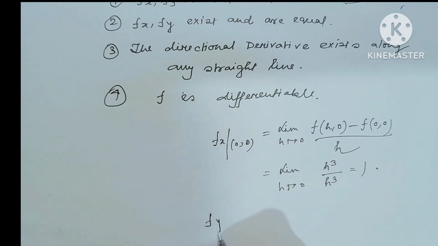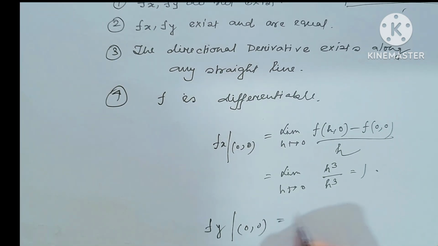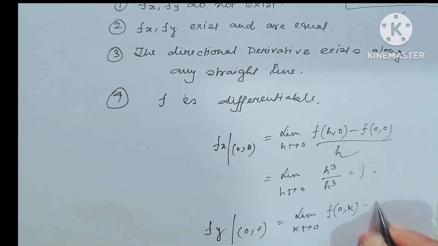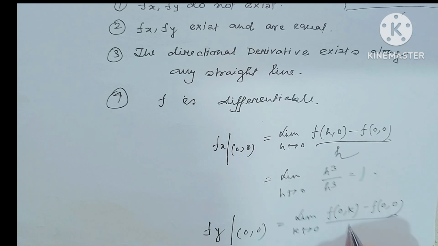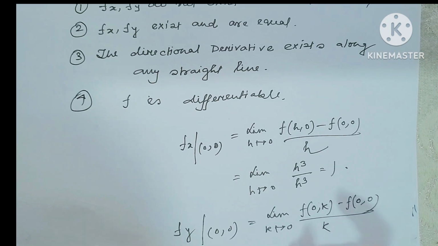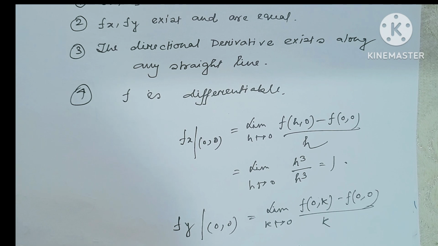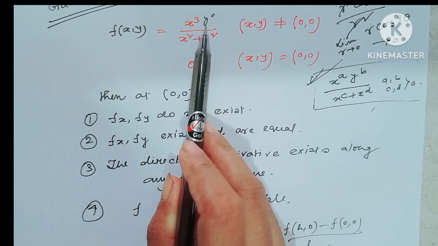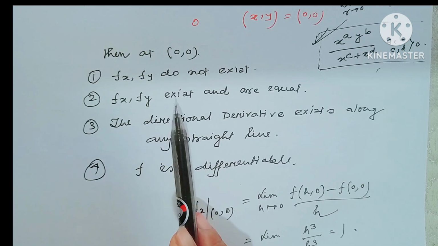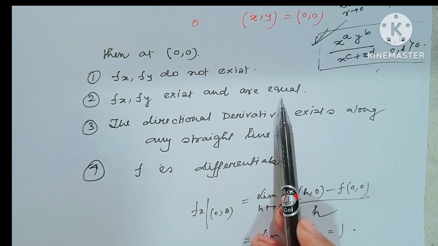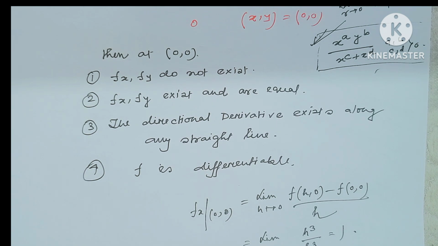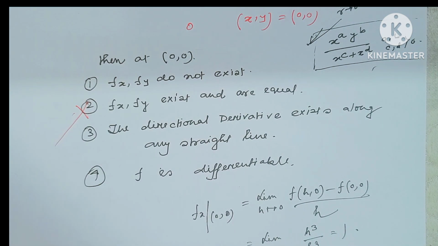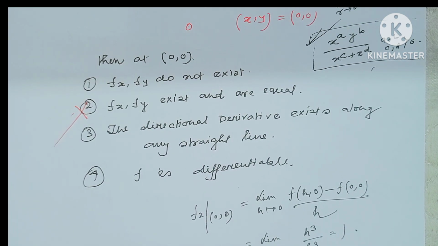And the partial derivative with respect to y at the point (0, 0) is the limit as k goes to 0 of f(0, k) minus f(0, 0) divided by k, and putting in the value f(0, k), this value is equal to 0. So fx and fy exist and are equal. The option saying both exist but are not equal is the wrong option.